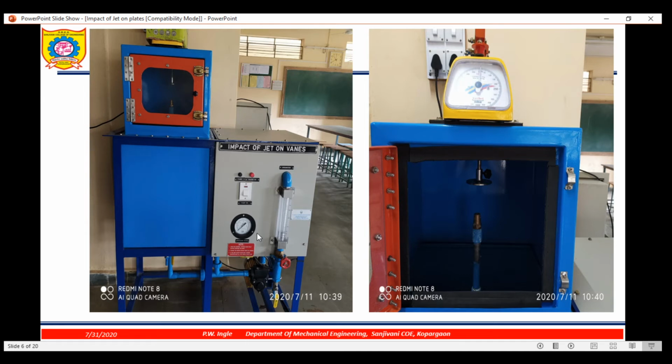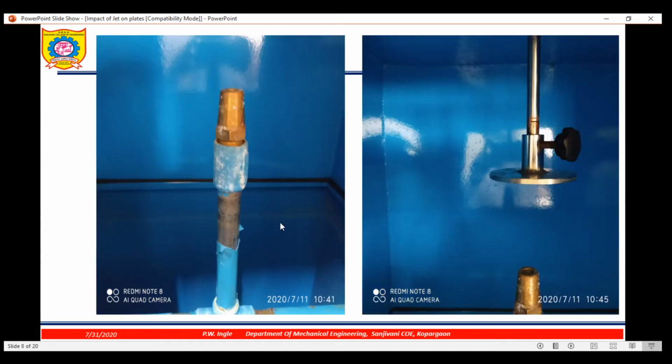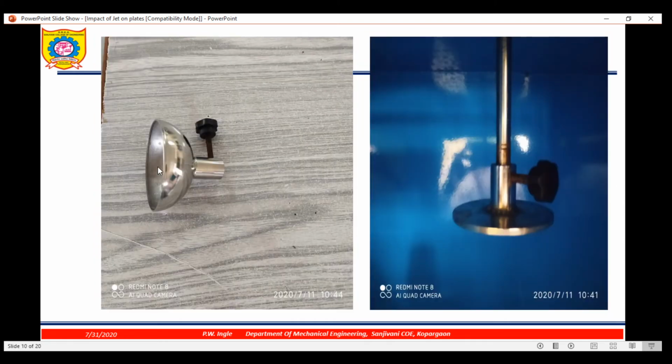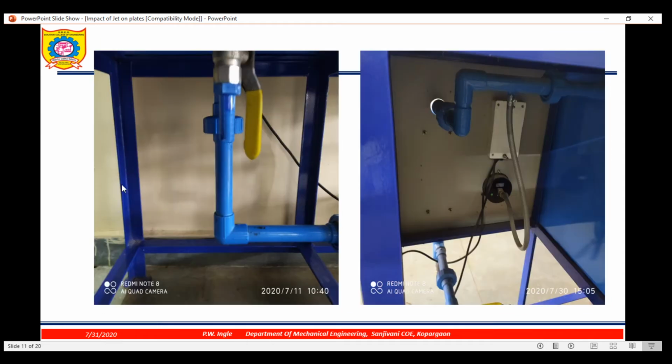Okay, so you can see here, this is the nozzle plate. This is where water is coming, suction of water, and this is discharge of water. And it is going where? To the rotameter. This is the rotameter, and this pipe is connected to the nozzle directly like this. You can see here, these are the plates, flat plate and chord plate.